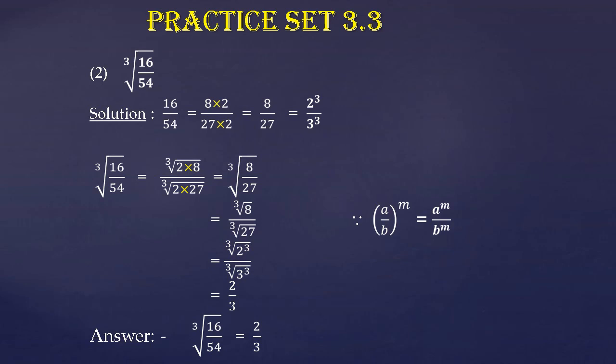Since (a upon b) raised to m is equal to a raised to m upon b raised to m, it equals cube root of 2 cube upon cube root of 3 cube, which is equal to 2 upon 3. Therefore, cube root of 16 by 54 is equal to 2 upon 3.